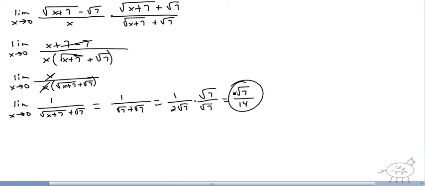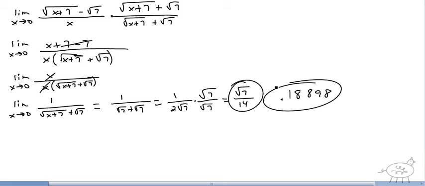Now, if you did this on your graphing calculator and looked at a value, what is it getting closer and closer to? You couldn't do a direct substitution with the way it's written, but you can plug in something like 0.00001 and negative 0.00001, and they would both give you something close to that answer. In fact, your graphing calculator would give you 0.18898.